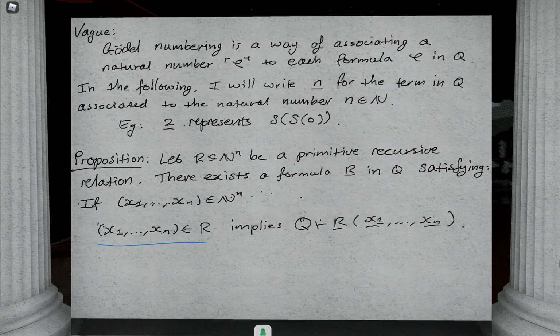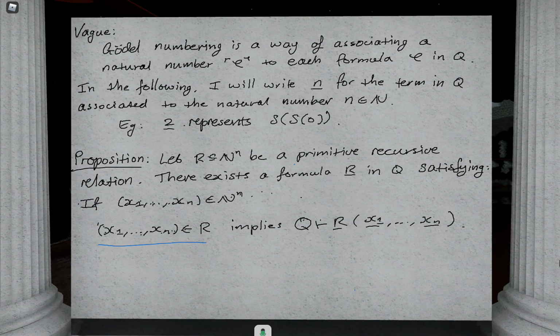So they're not terms inside the first order theory Q, they're just natural numbers. And then if they are inside this relation R, then it can be proved inside Q. So Q proves that this relation holds, which is R underline applied to the terms x1 underline up to xn underline.